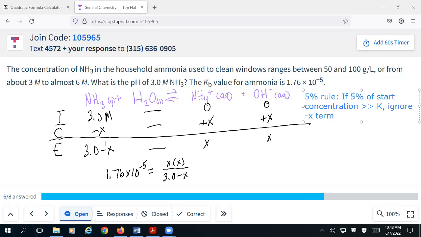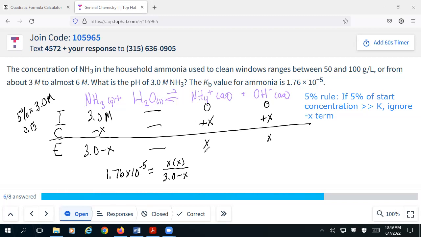So 5% of 3.0 molar is 0.15. 1.5 times 10 to the negative first is 4 orders of magnitude greater than our K value. So yes, we can skip that.